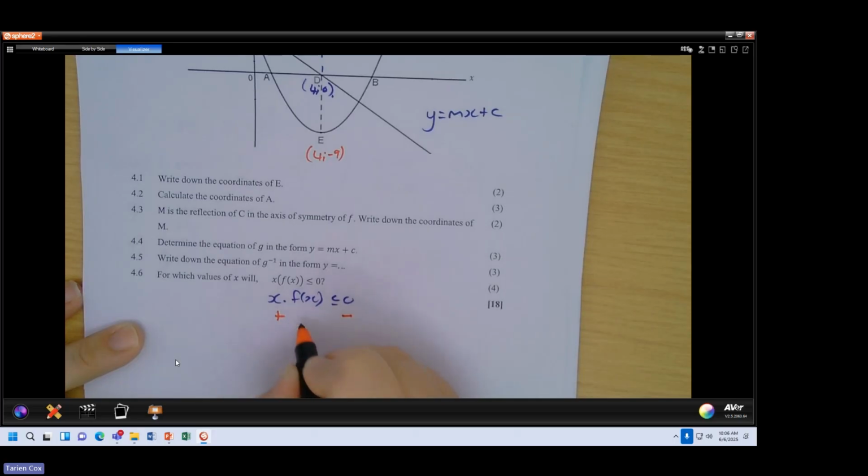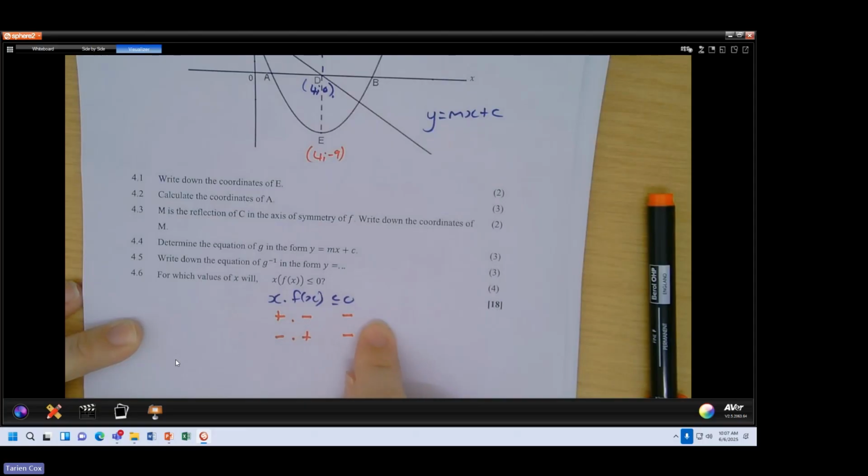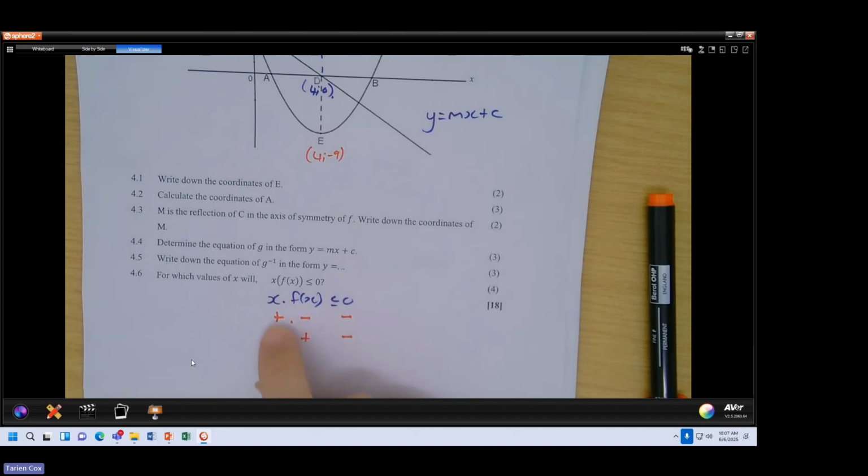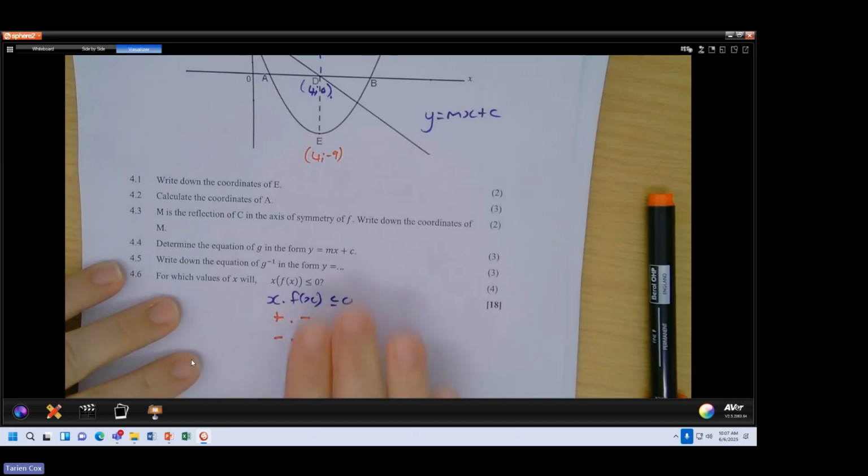It will only be a positive and a negative, or a negative and a positive, that will end up being a negative. So I'm going to take each condition on its own. If I look at the top condition, I then have f of x that must be positive, and g of x that is negative. I'm only going to look at the f function, and I'm going to look at my x values.